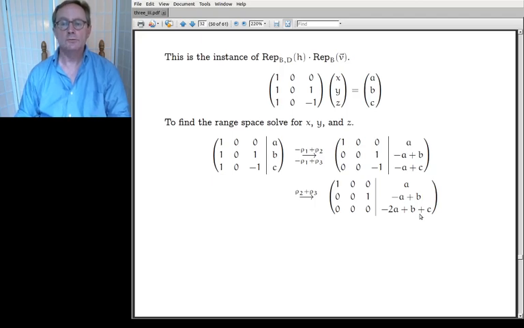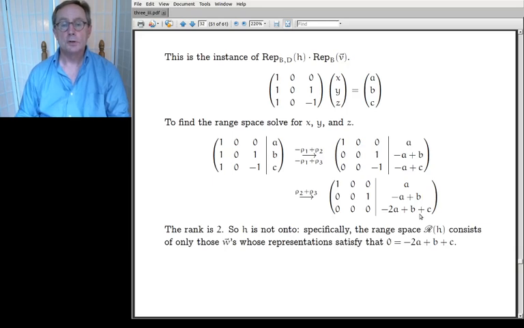It's those vectors whose representation satisfies this condition. So the rank is 2. H is not onto, specifically the range space consists of those W's whose representation satisfies that restriction.